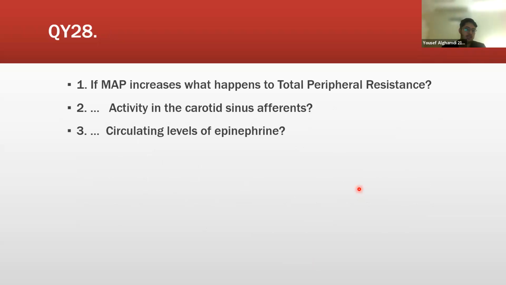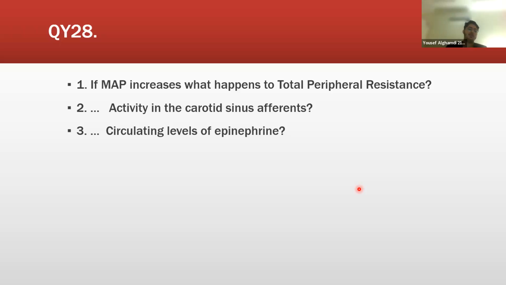Will it decrease or increase? Can someone answer? What's your best guess? Increases. Okay, no, I'm sorry. Actually, it decreases. This is from the slide.